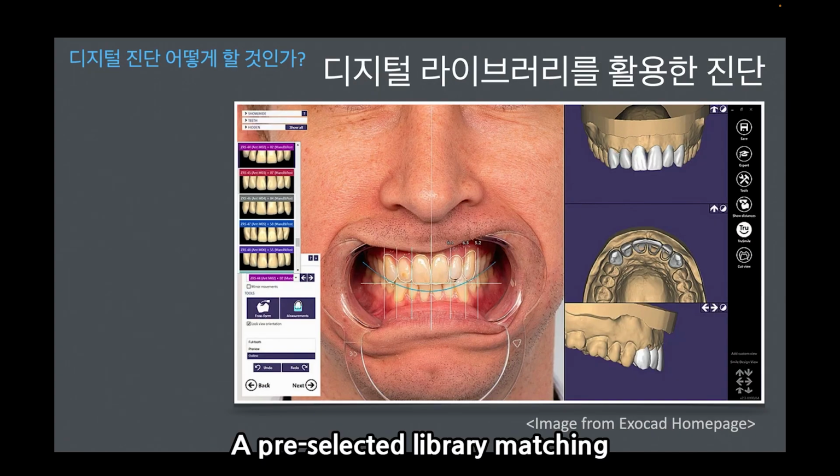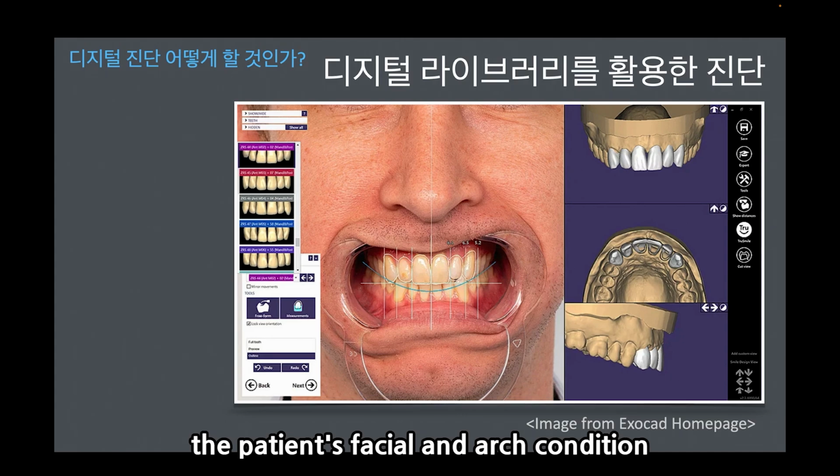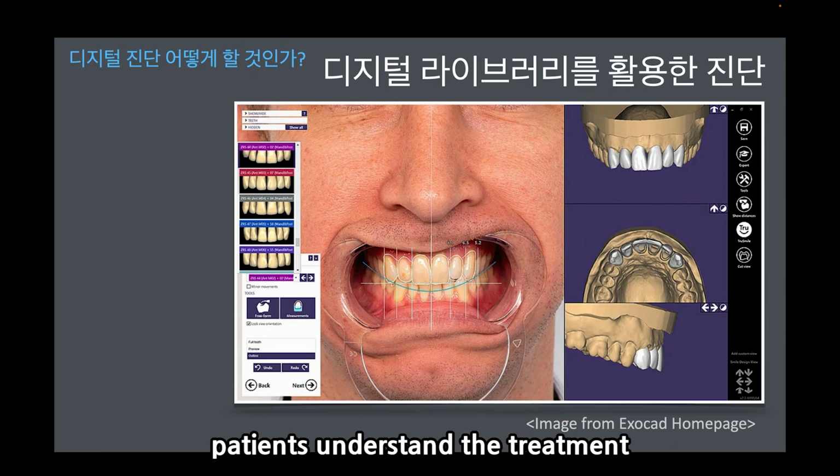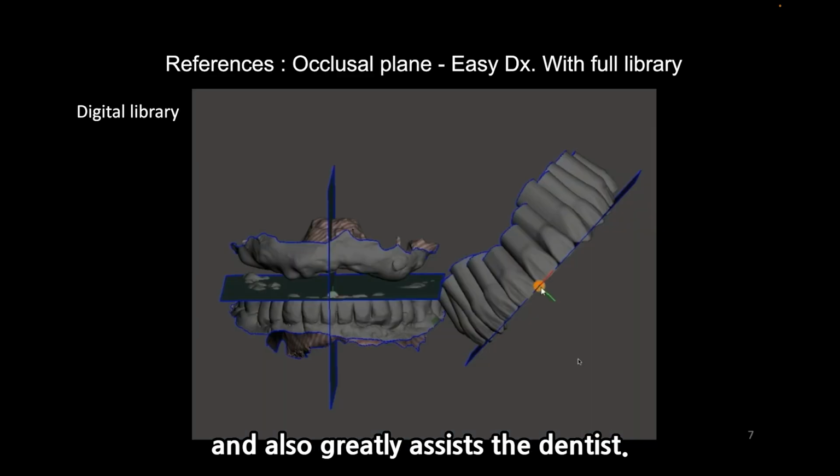A pre-selected library matching the patient's facial and arch condition can be adjusted for individuality. Using this resource helps the patient understand the treatment and also greatly assists the dentist.